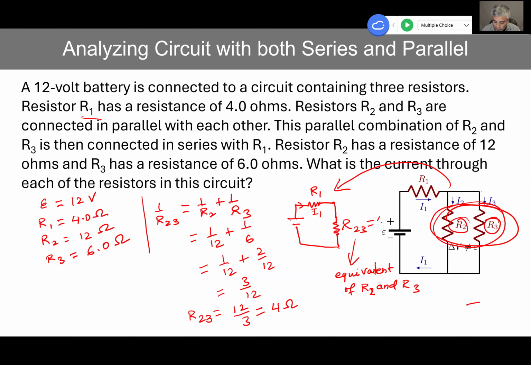So this is 4 ohm. And what is R1? Oh, R1 is also 4 ohm. So now after this comes this one here. So let me make a little room here. So now we combine those.